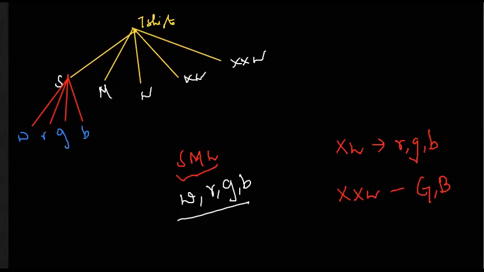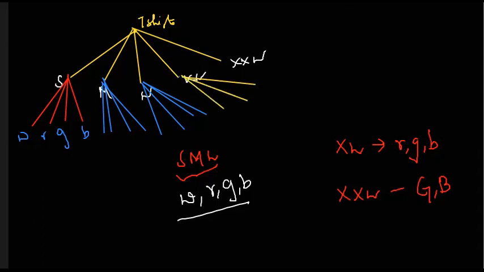Next, the same with M and L. Let's draw these 4 colors. This is for M. For L also we have 4 colors. And for XL, we have only 3 over here, RGB. This is for XL. And for XXL, we only have 2 colors.